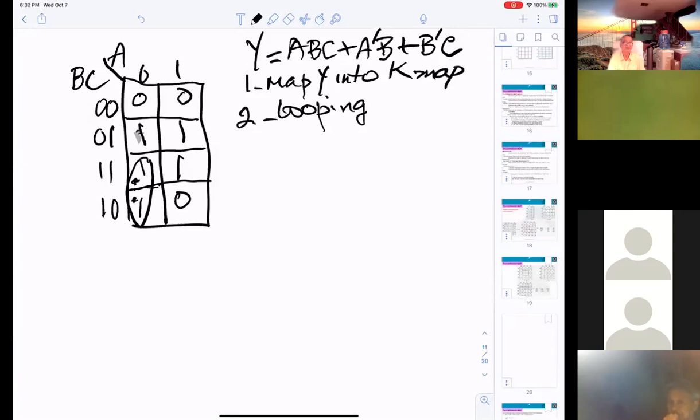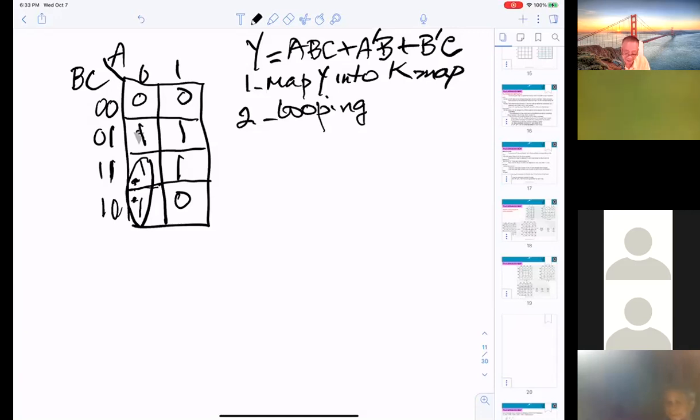Yeah. What does C equal? C equals 1 and C equals 0. When inside the loop a variable gets 1 and 0, then ignore that.